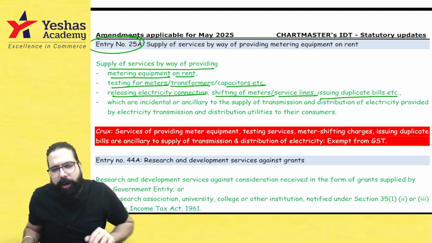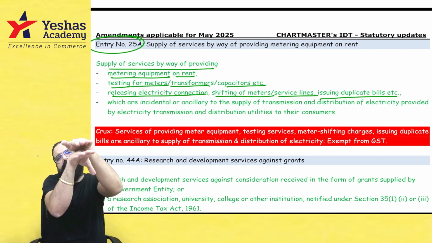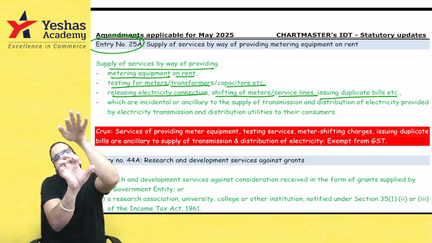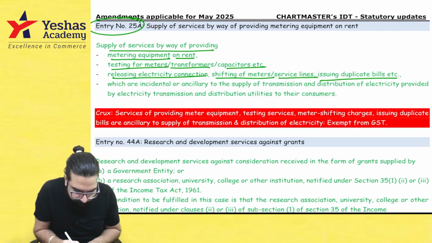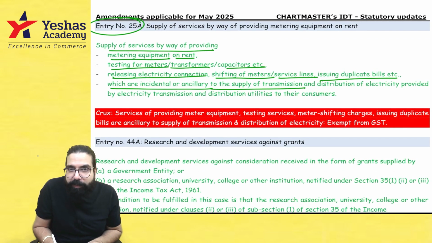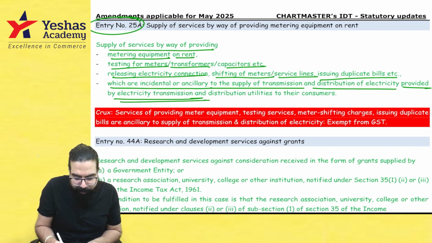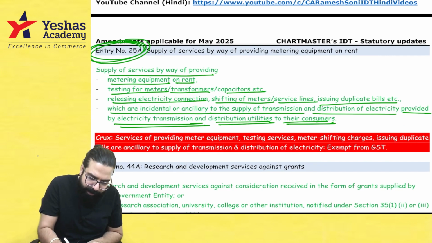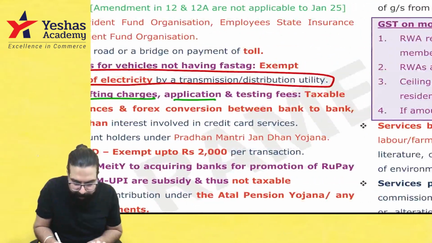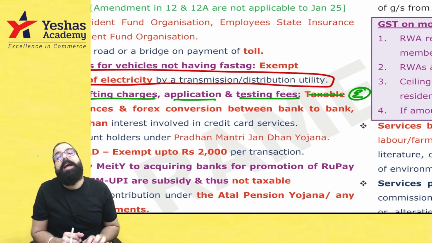Now the government has clarified all these are ancillary services to electricity distribution, and all these ancillary services are also exempted. These are incidental to supplying transmission and distribution of electricity provided by electricity transmission and distribution utilities to consumers, and hence one new entry has been inserted. Meter rental charges, shifting charges, application and testing fees are also exempted because these are ancillary services.